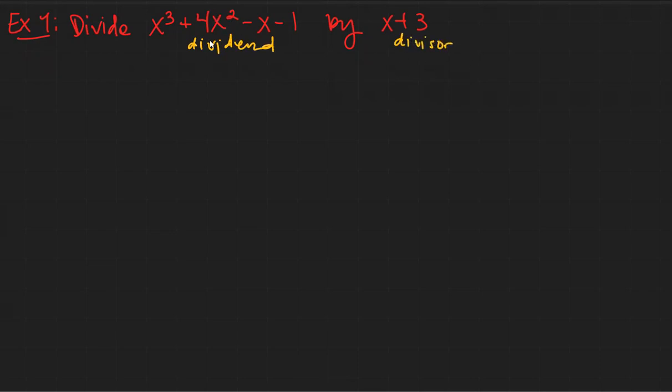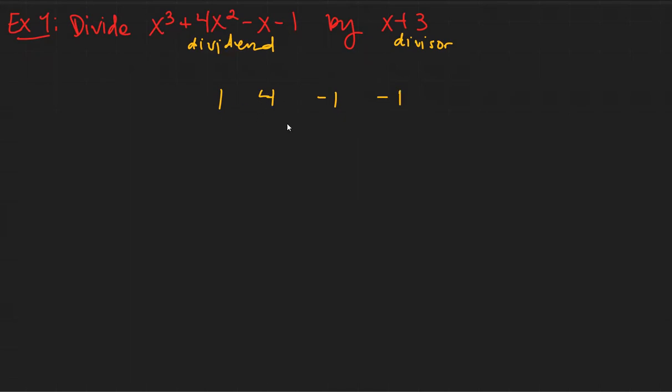What's going to happen is I'm going to take the coefficients of my dividend. The coefficient on x cubed is 1. Coefficient on x squared is 4. Coefficient on x is -1. And my constant term is -1.